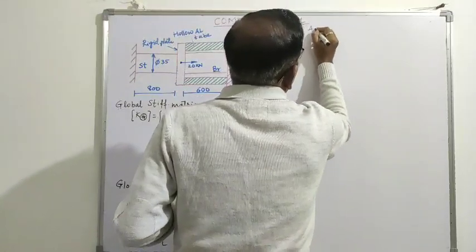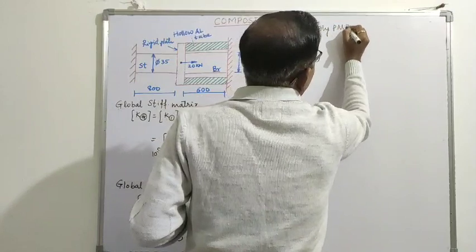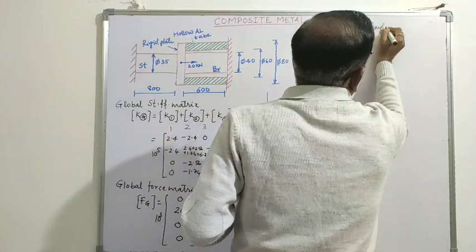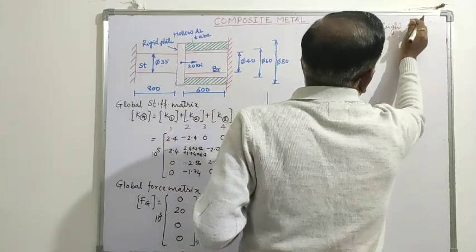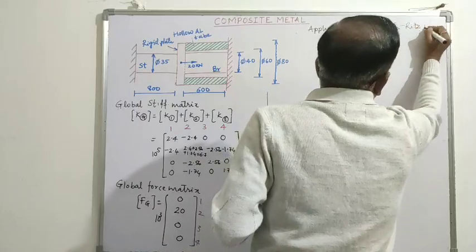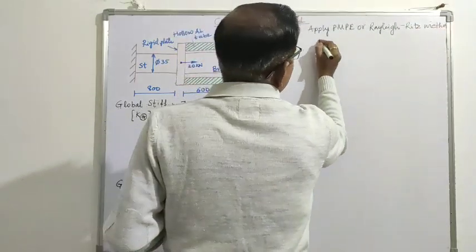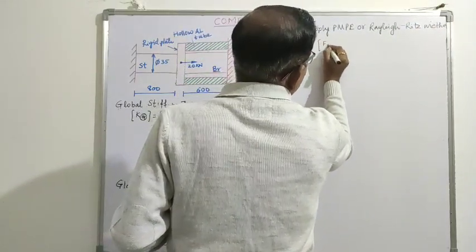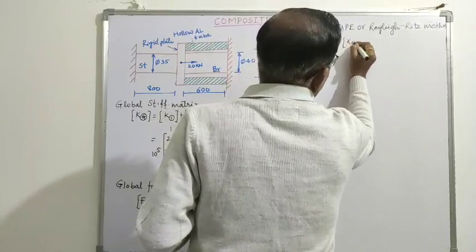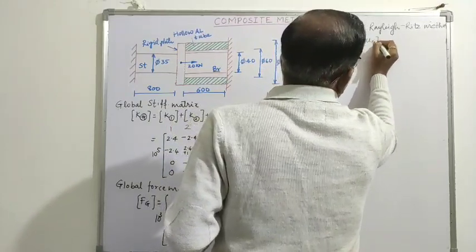So apply PMP or Rayleigh-Ritz method. So it says global force matrix is equal to global stiffness matrix into global displacement matrix.